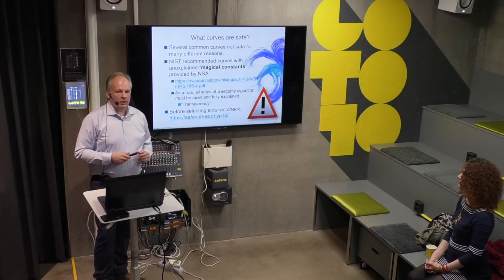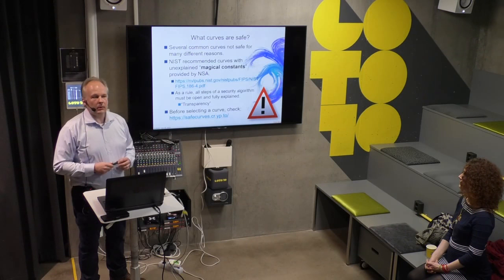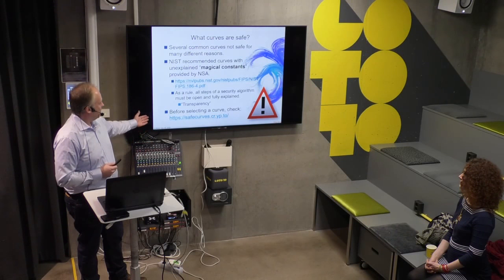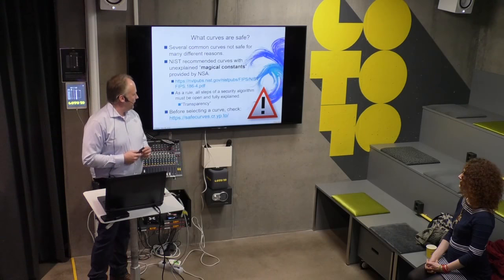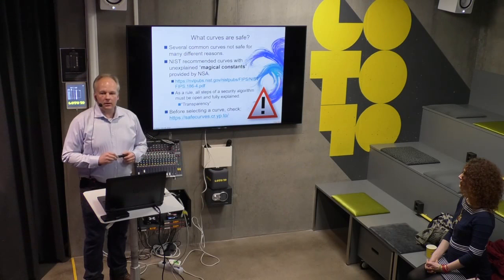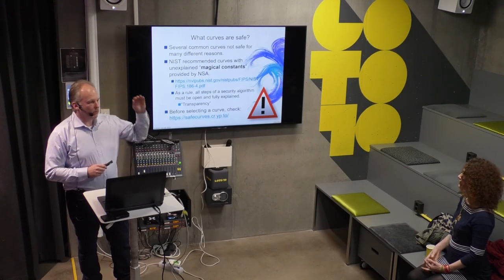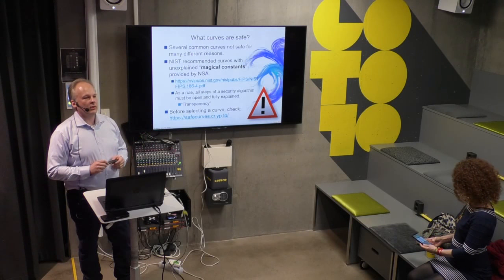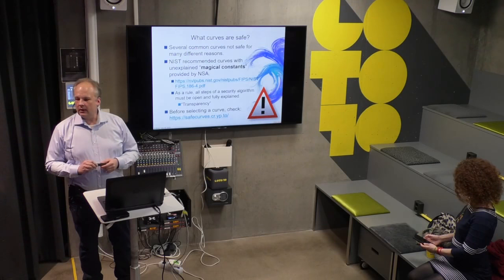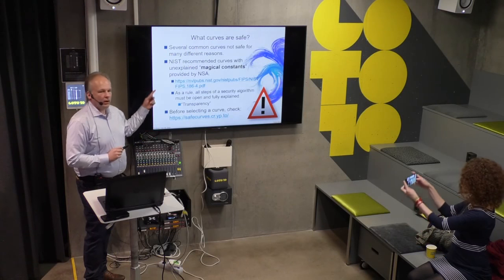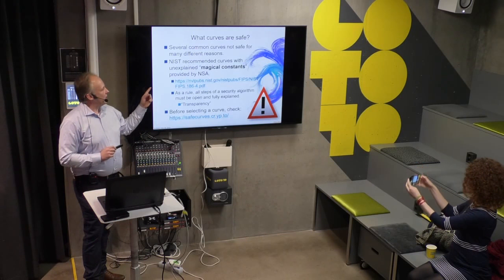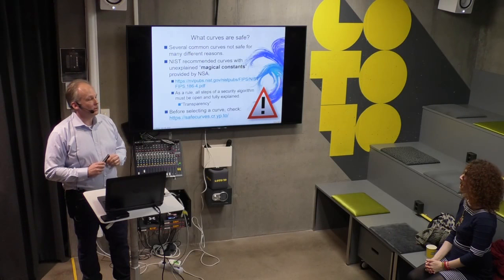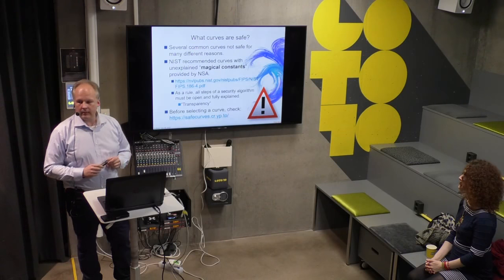But thanks to him, it has become legal to do secure cryptography in most of the Western world. And he has published on this site, SafeCurves, different tests. And he publishes different curves and shows which ones are more secure than others. He also argues that there are a lot of curves, among them those that are standardized by the National Institute of Standards and Technology, that are not secure.